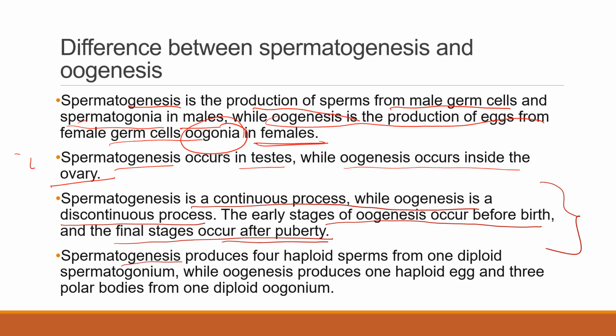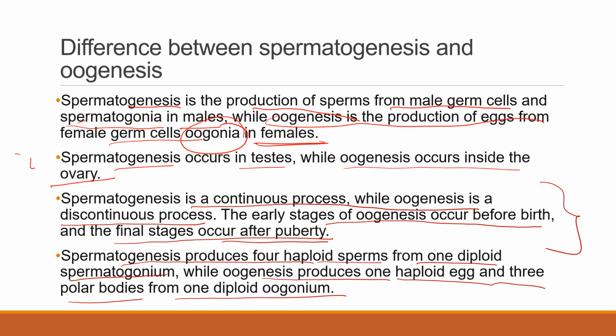Now, spermatogenesis produces 4 haploid sperms from 1 diploid spermatogonium, while oogenesis produces 1 haploid egg and 3 polar bodies from 1 diploid oogonium.